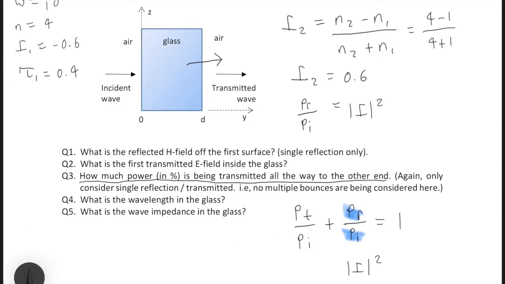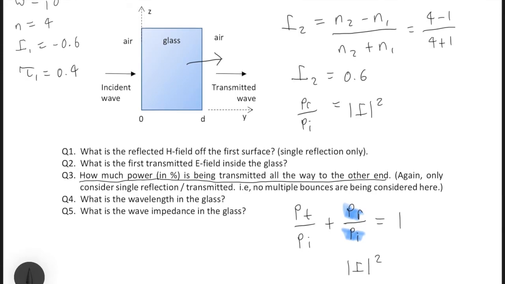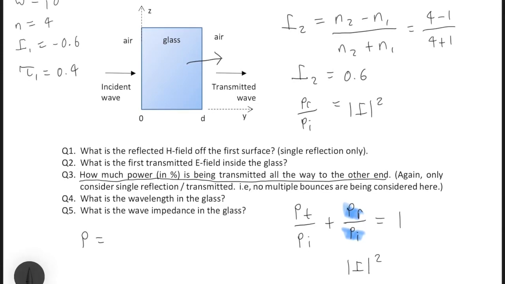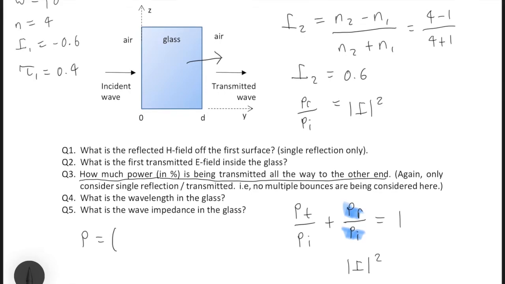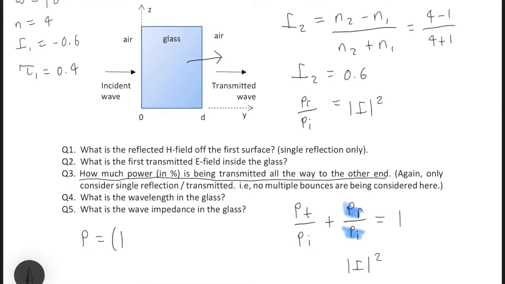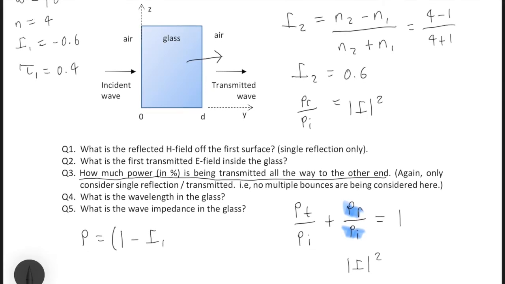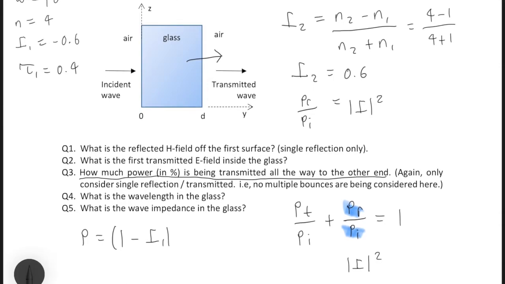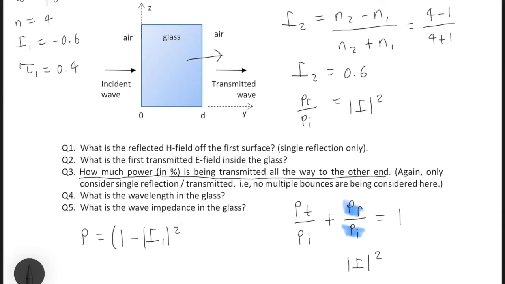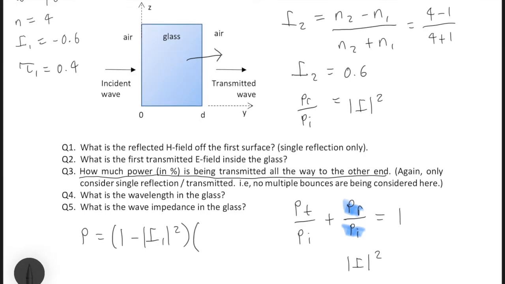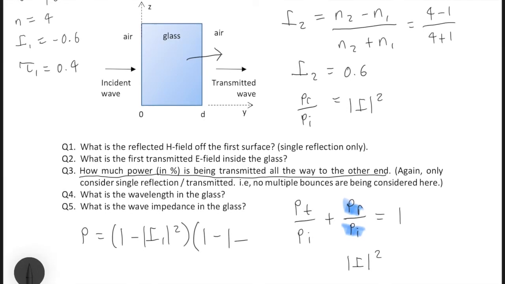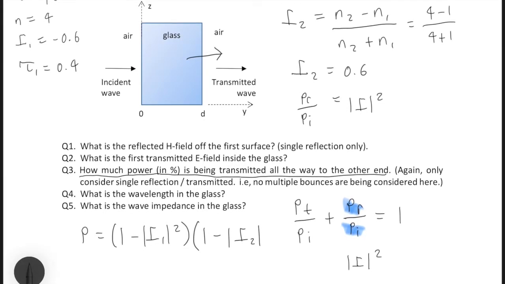And what we can write is power is equal to 1 minus the absolute value of gamma 1 squared, times 1 minus the absolute value of gamma 2 squared.